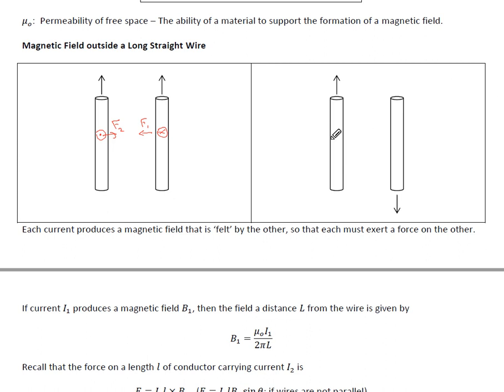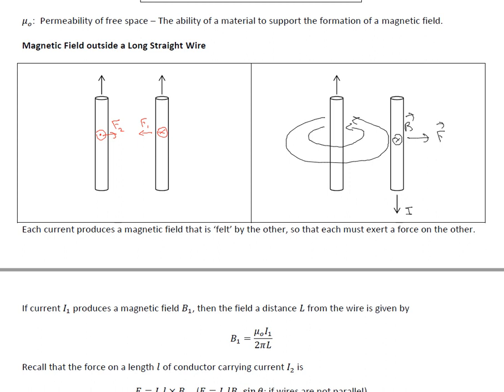Guess what happens in this one? So same idea. We have that current traveling around. We say, right here, it's into the page. My current is down. My field's into the page. My index finger points down for this right wire. Magnetic field's into the page. We would get a force that is to the right.